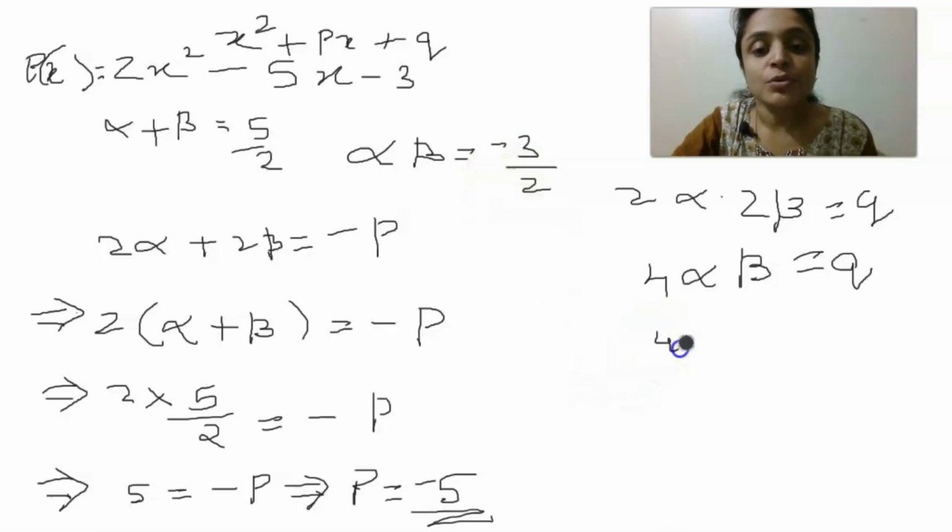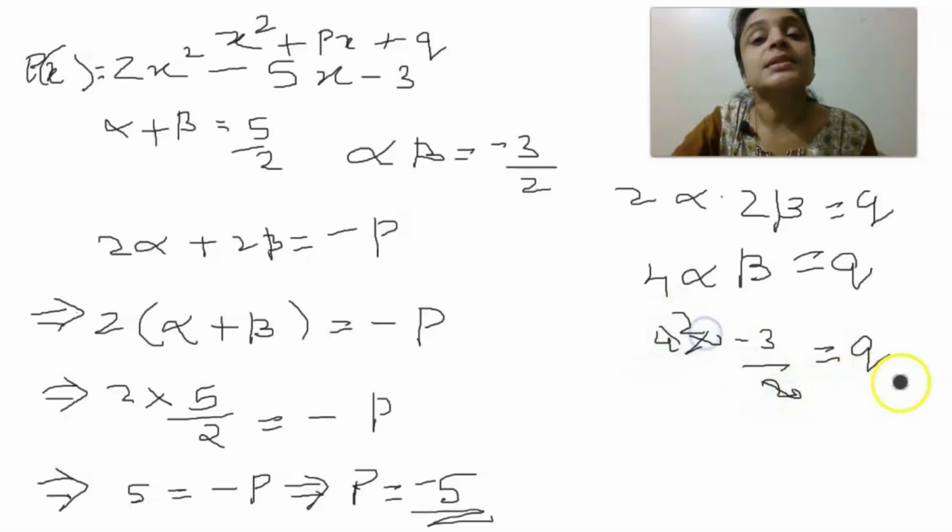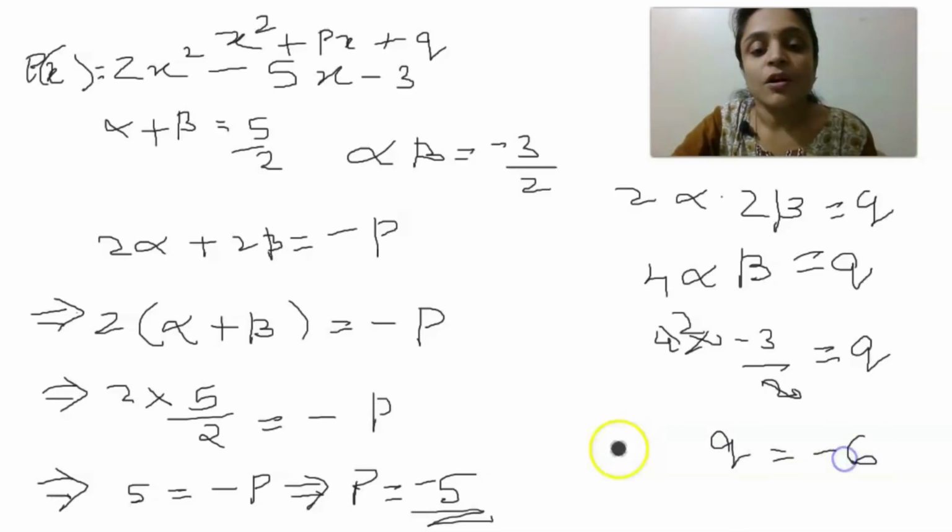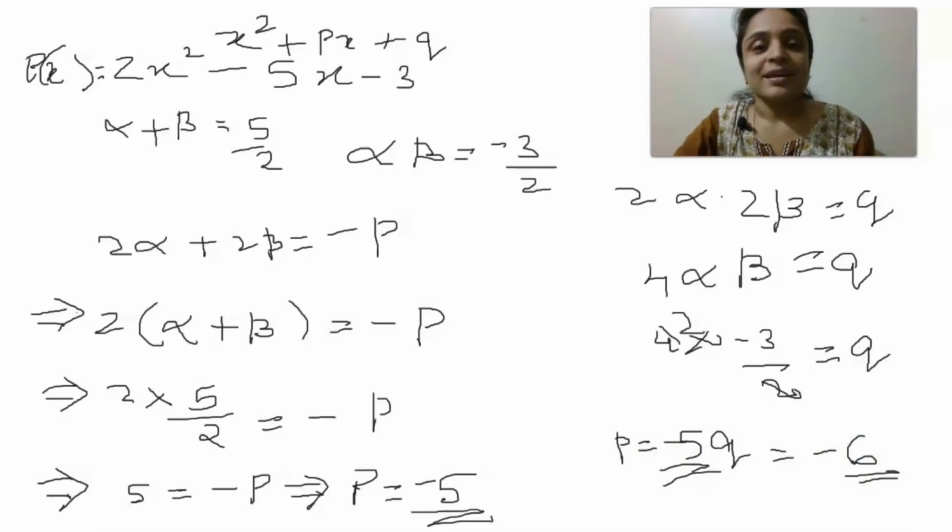So 4 into minus 3 by 2 equal to q. That is minus 6 equal to q. So what is q? Q equal to minus 6. So we got p equal to minus 5 and q equal to minus 6.